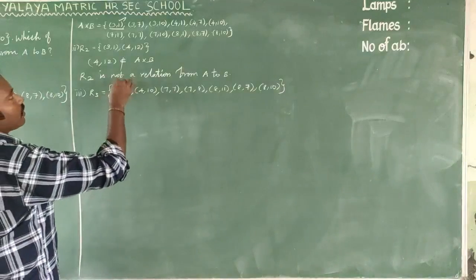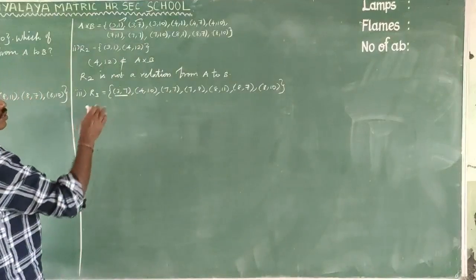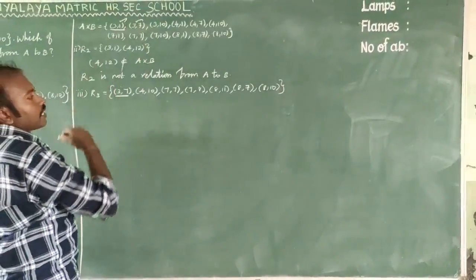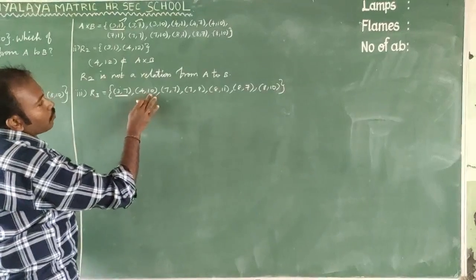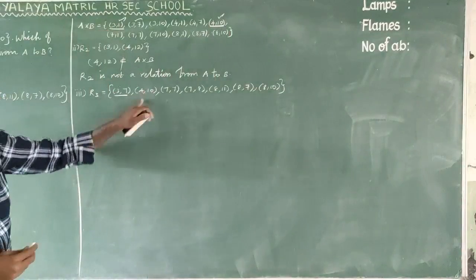Here (3,7) belongs to A cross B, and (4,10) also belongs to A cross B, right?